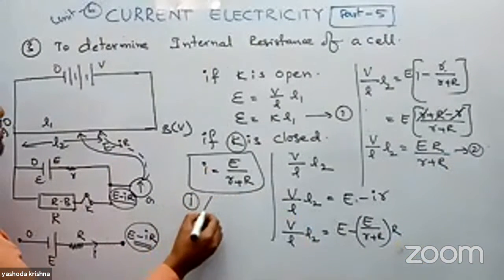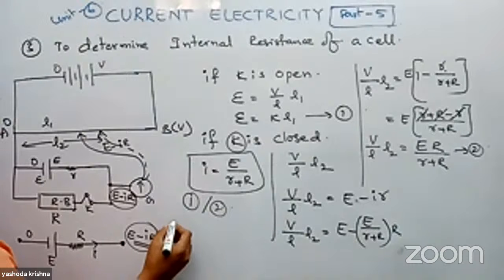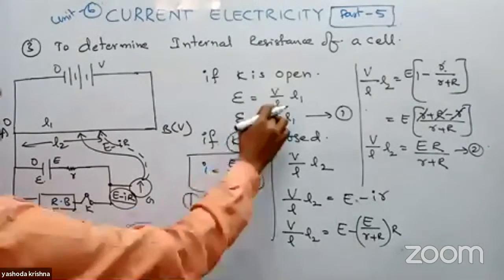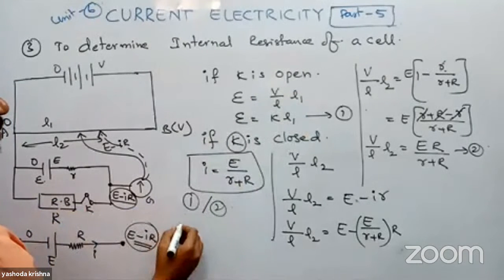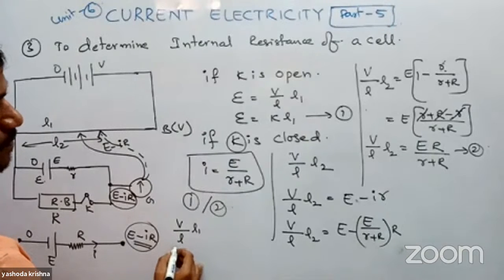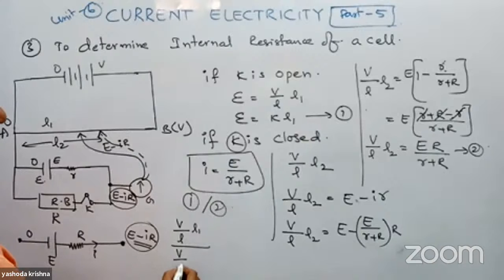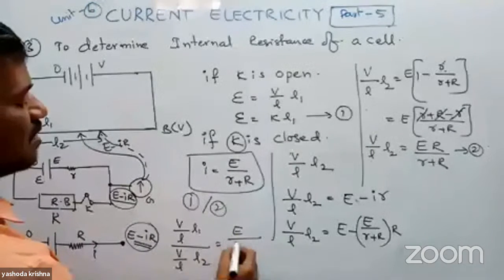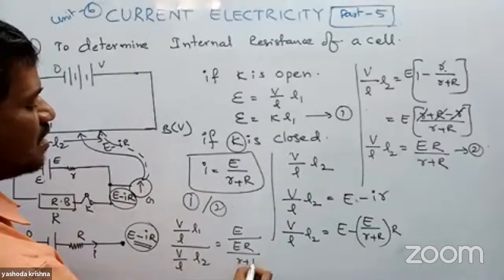If you do first by second: V by L into L1 by V by L into L2 is equal to E by E R by R plus r.